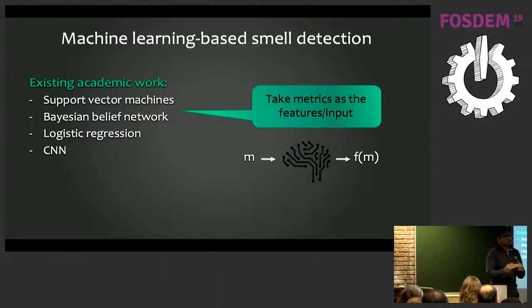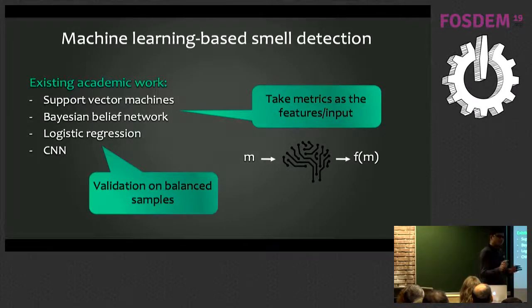So the machine learning algorithm is bound; it can do at best what that metric can represent. If the metric is not representing the feature or the characteristic that is helpful in detecting that smell, then, well, we are not going to get a good classifier.